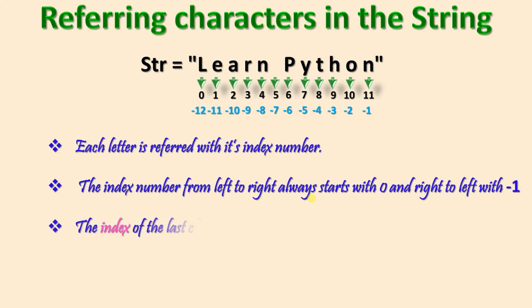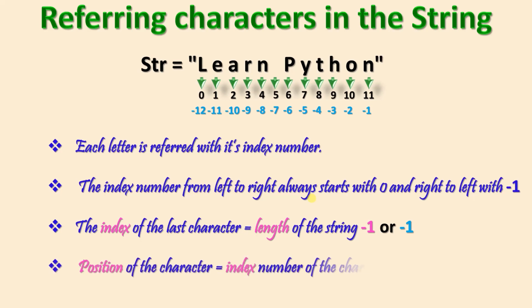The index number of the last character is length of string minus 1 if you take from left to right. The total length is 12 here, so 12 characters are present, and the last index number is 11 as it starts from 0. If you count from right to left, it is -1.